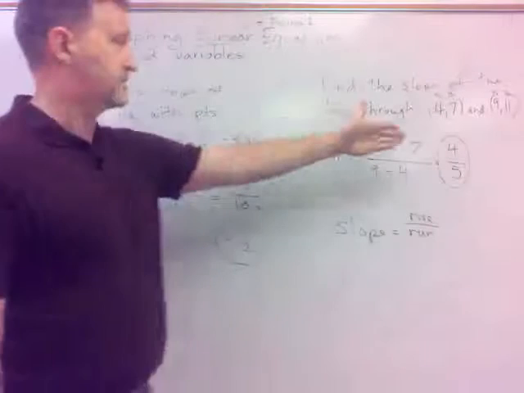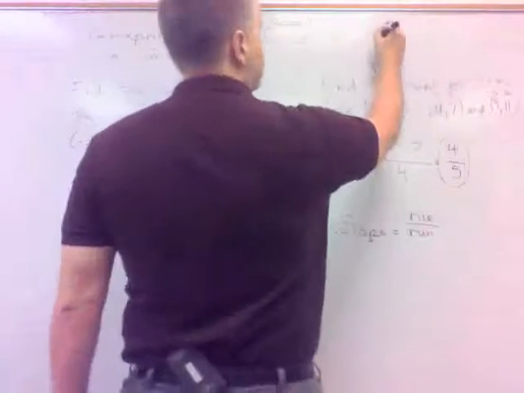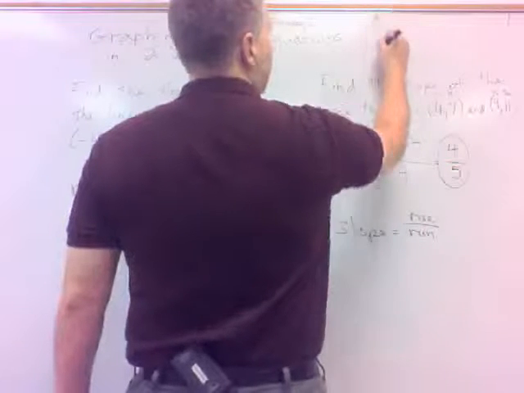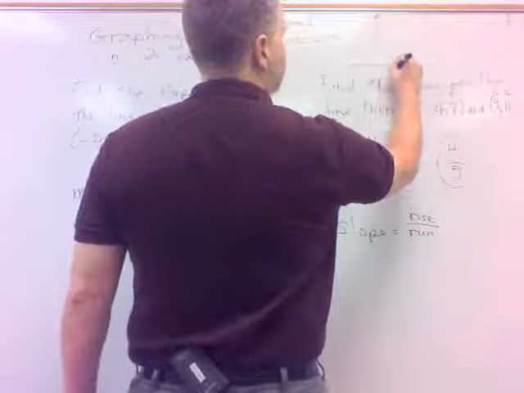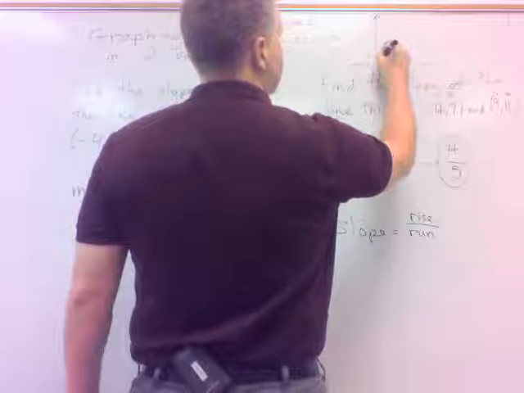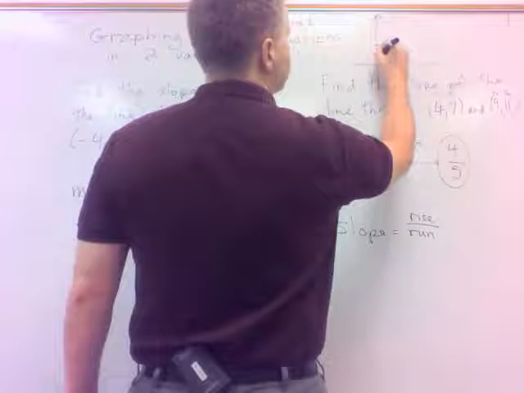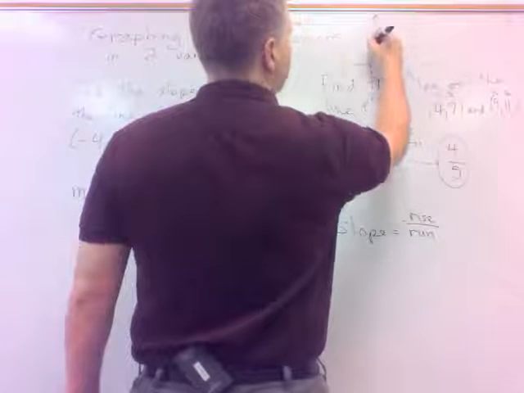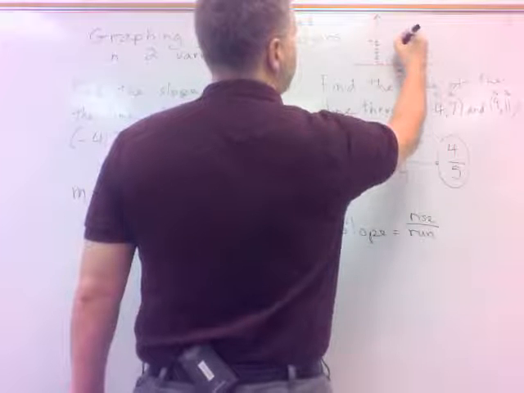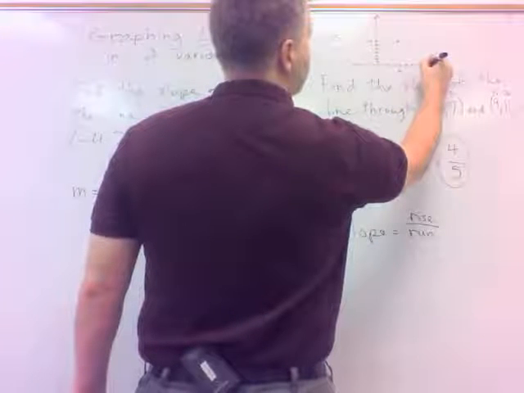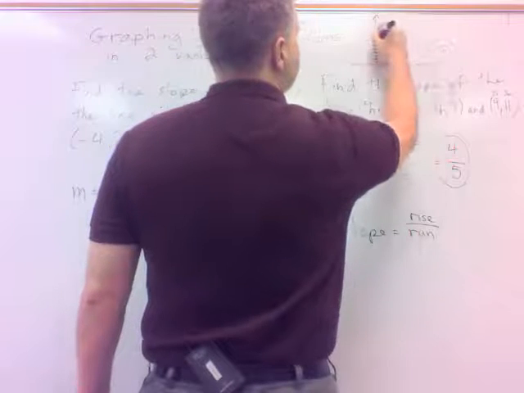And obviously we could see that if we put those points down here. Let's see, (4, 7). So (4, 7) here, and then (9, 11).